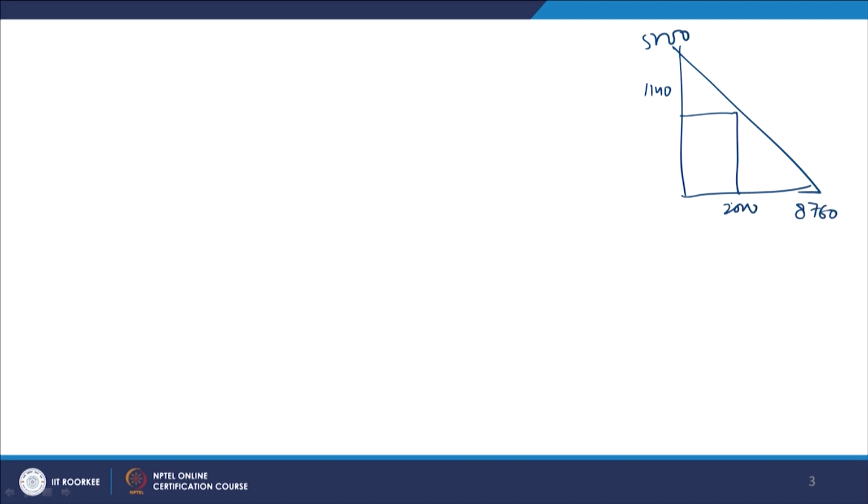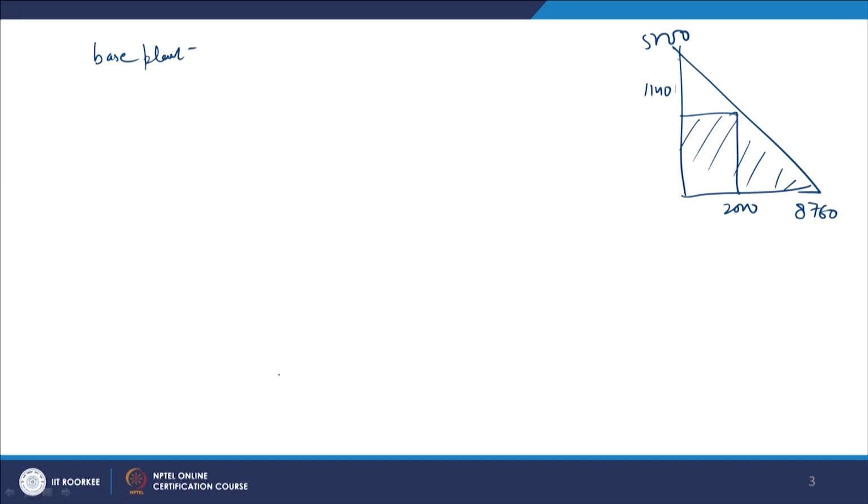Similarly, for the base plant, we can find it either by taking the area of this triangle, or the area of the bigger triangle minus the area of this triangle. The area of this triangle we have already calculated.